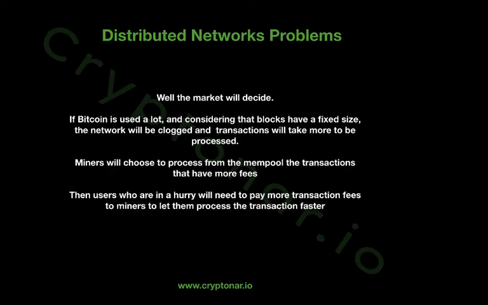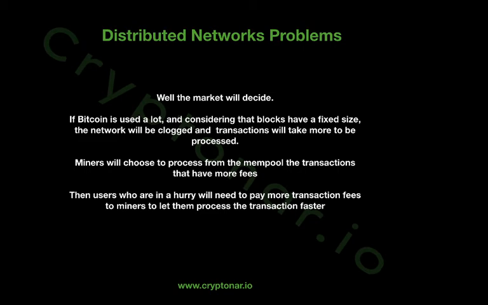And this way the market decides, because if Bitcoin is used a lot, considering the blocks have a fixed size, the network will be clogged with transactions, and it will take more time to validate them and have them processed. And maybe you're in a rush.